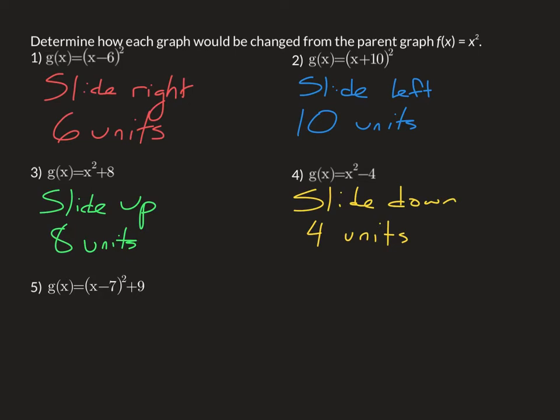All right, number 5, last one on this slide here. Notice we have 2 different things going on. We have both the minus 7 inside the parentheses and a plus 9 outside the function. So the inside indicates the left and the right. And again, we do the opposite. So here we will slide right 7 units.